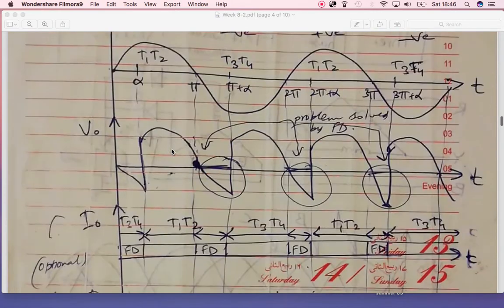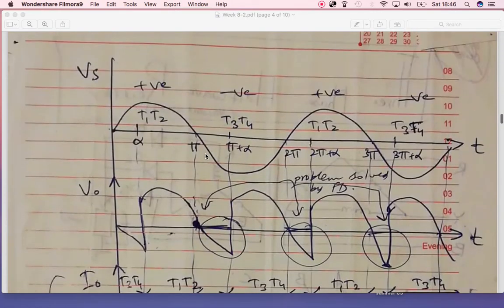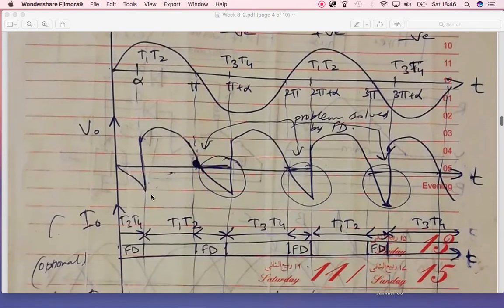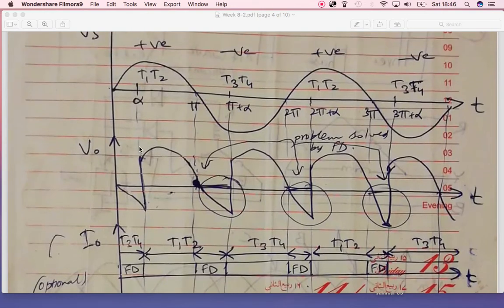And when we see its AC signal waveforms, we have this voltage source signal which is an AC signal, and on the voltage side this is the firing angle from where it will start conduction towards pi, and there will be a reverse spike which will be controlled by having the freewheeling diode.